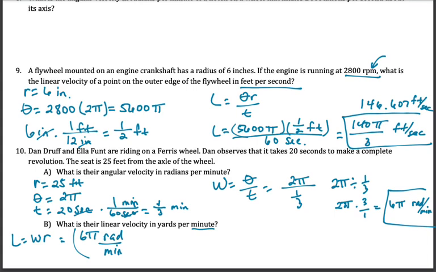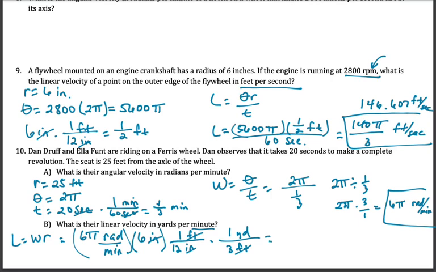We're going to multiply that times our radius, which is 6 inches. But we need that to be in yards. So right now I know that there are 12 inches in 1 foot. That way my inches cancel out. I know that there are 3 feet in 1 yard. So my feet will cancel out.